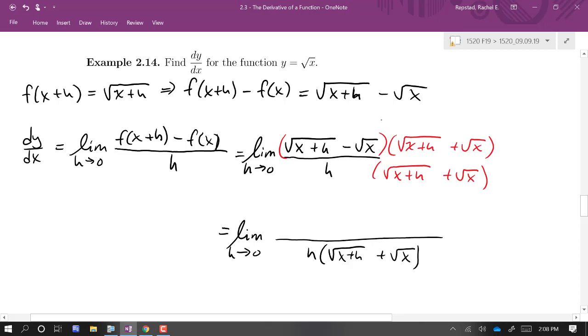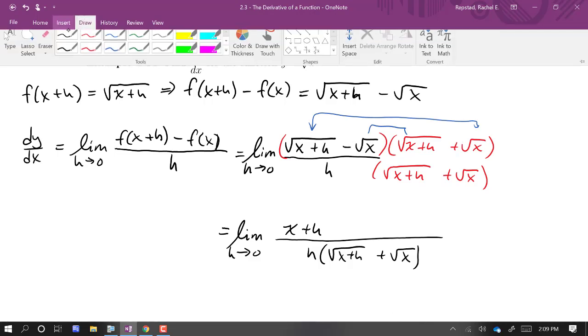On the top, if we FOIL this out, our first thing is the radical x plus h times the radical x plus h, which will just give us x plus h. If you do the outside-inside terms, they're the same product, but one is positive and one is negative, so those cancel each other out. And then we're going to subtract root x times root x, or just minus x.